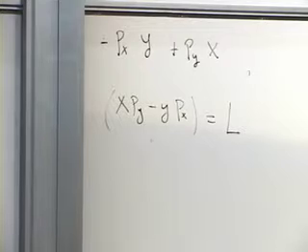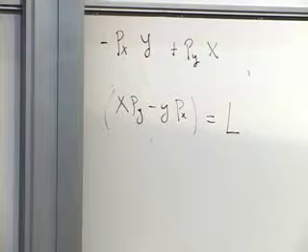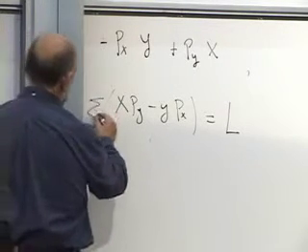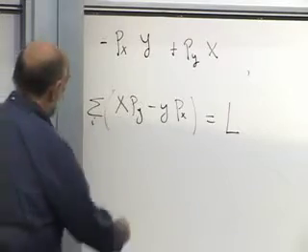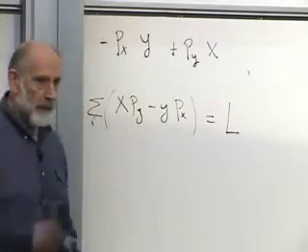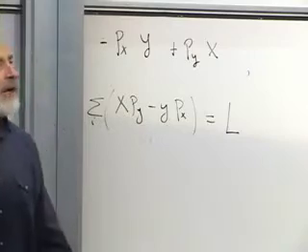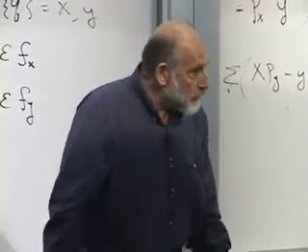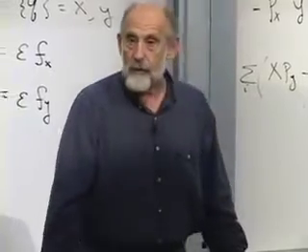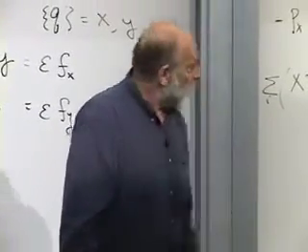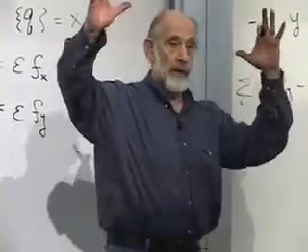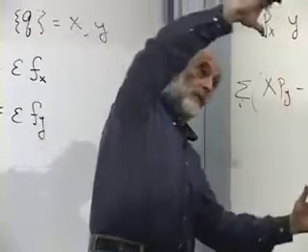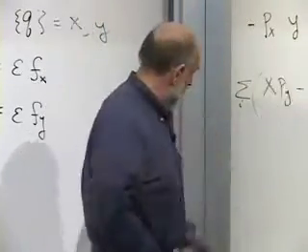If there are many particles, then there's a contribution of this for each particle, summation over all the particles. Again, we didn't have to know very much about the forces between particles, about the details. All we needed to know is that the action doesn't change when we rotate the system about an axis.